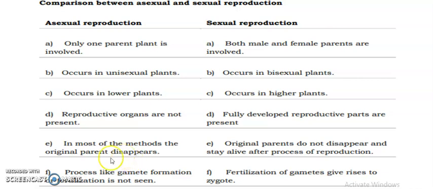When it comes to involvement of gametes or sex cells, for asexual reproduction there is no fusion of sex cells. For sexual reproduction, there should be fusion of sex cells, and fertilization should occur.